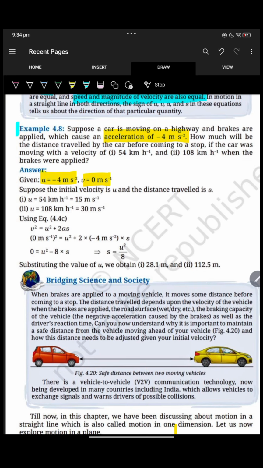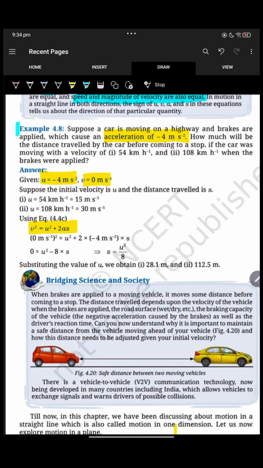Acceleration is negative 4 meter per second square. So how much will be the distance traveled? That means we need something that relates V, A and S. And what is that? V square is equal to U square plus 2AS.